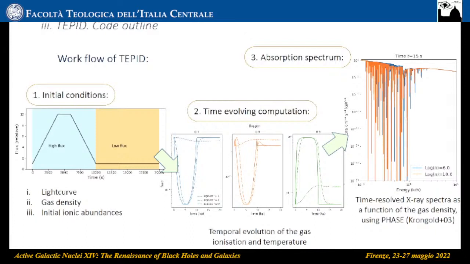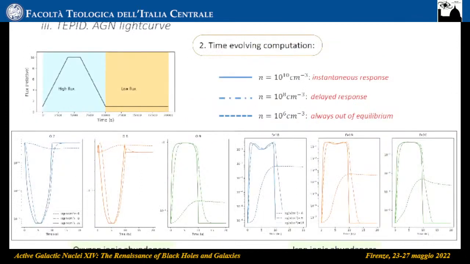So here you can see the outputs. The light curve is such that the flux is at an equilibrium value at the beginning. Then you have a high flux, and then you have a low flux, which is equal to the initial flux level. You can see oxygen here, and then iron abundances here. The solid line is for a very high density gas, which therefore is in equilibrium, and you can see that it instantaneously responds to the luminosity variation, and so this can also be described by equilibrium photoionization techniques.